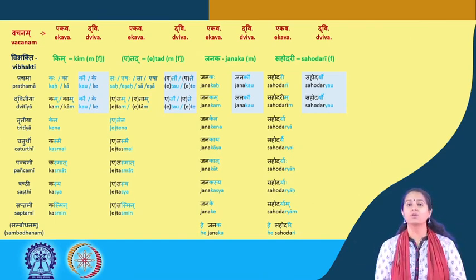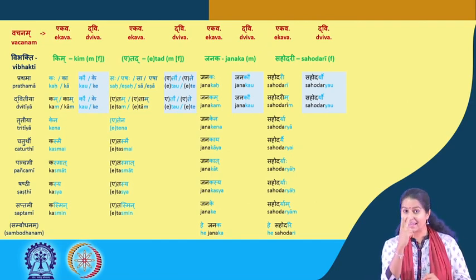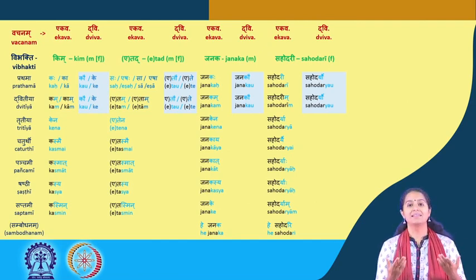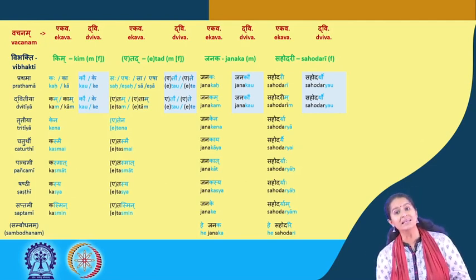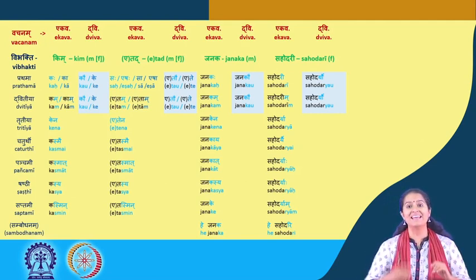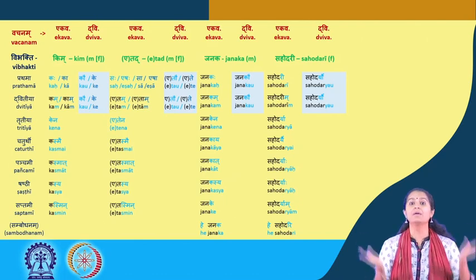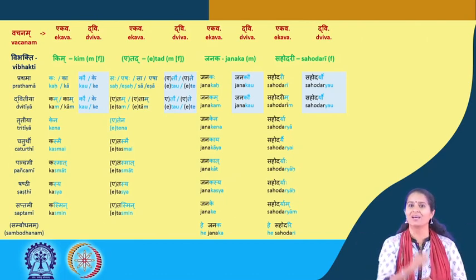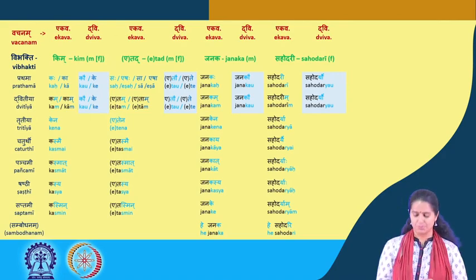But we had also brought in the feminine along with the janakau, because we had for the kim it was k, k in the feminine, etat became ete, ete, and sahodari instead of becoming sahodarye became sahodaryau and sahodaryau, just like janakau, janakau. That's why they were clubbed together.